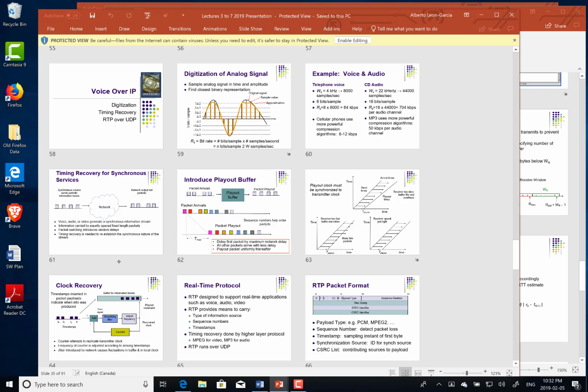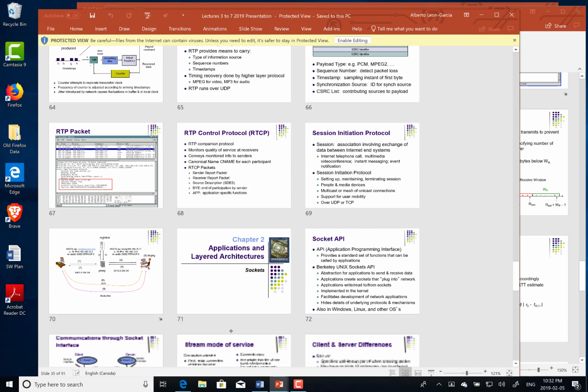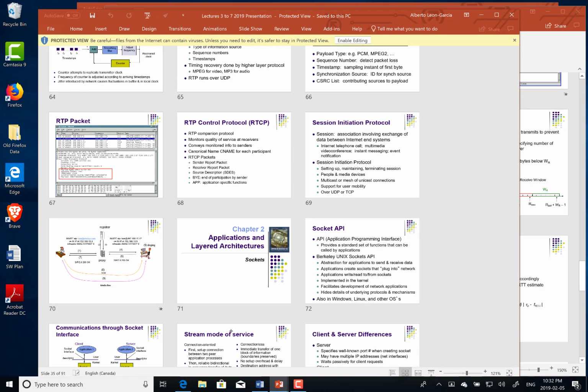So RTP is used at the application layer to take your voice signal, for example, put it in packets, put timestamps and sequence numbers that can then be transmitted across the internet to carry out real-time voice communications.